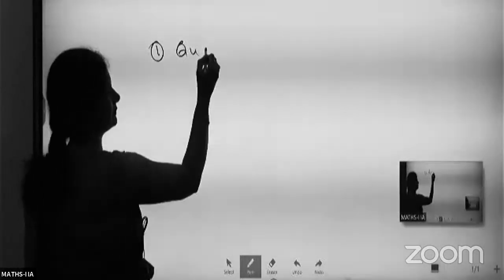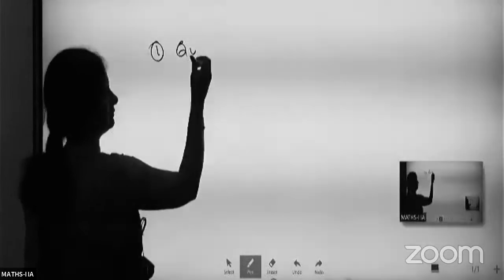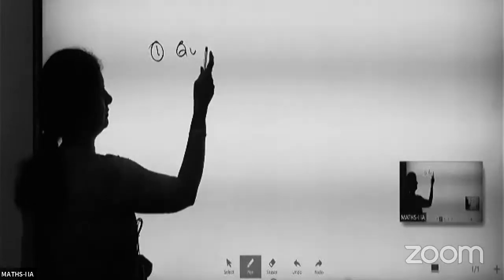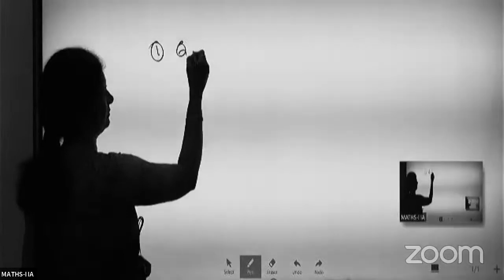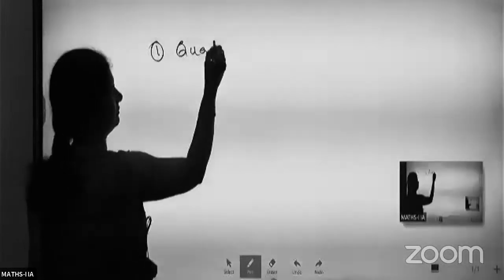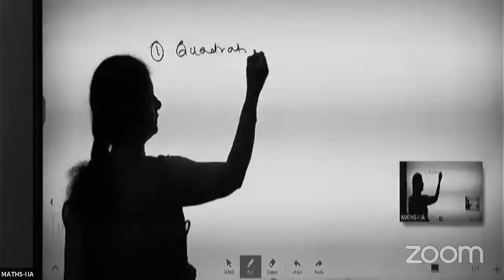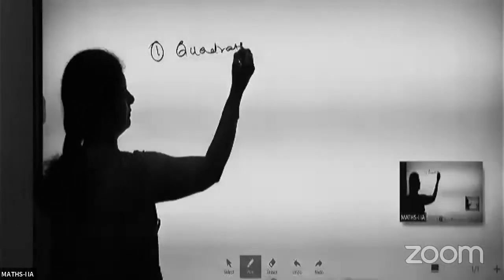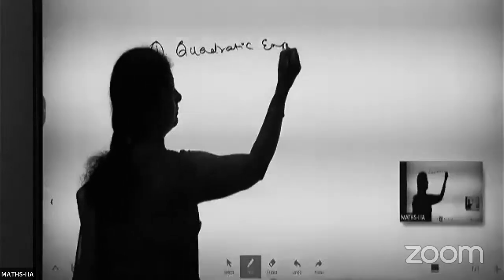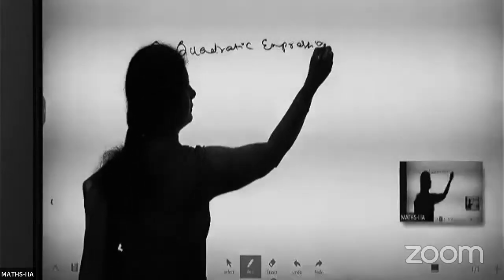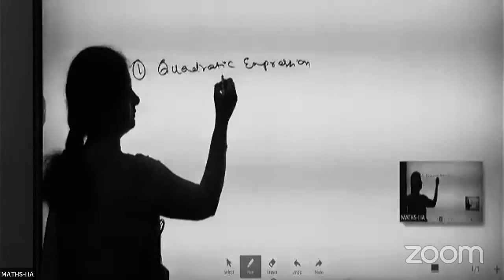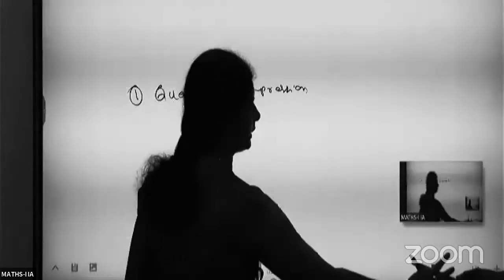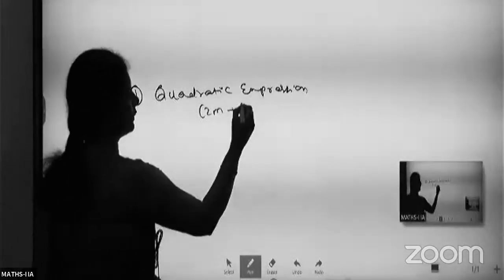The first one, quadratic expression. The weightage of this is 2 marks and 4 marks: 1 2-mark question and 1 4-mark question.